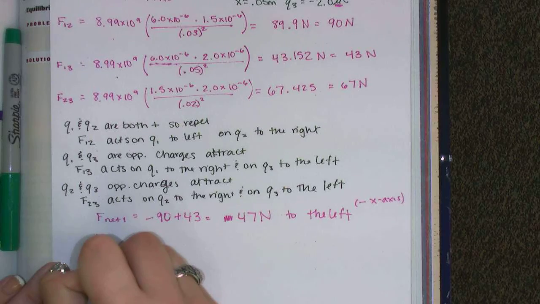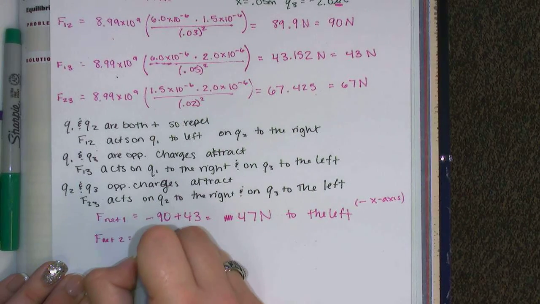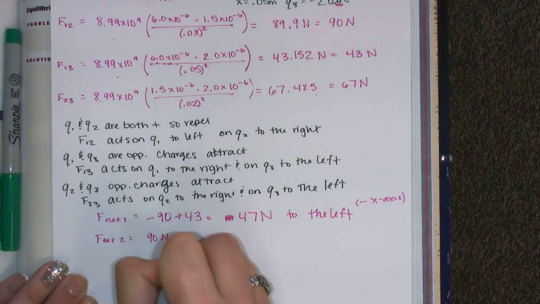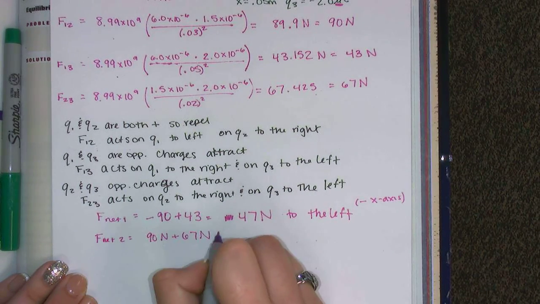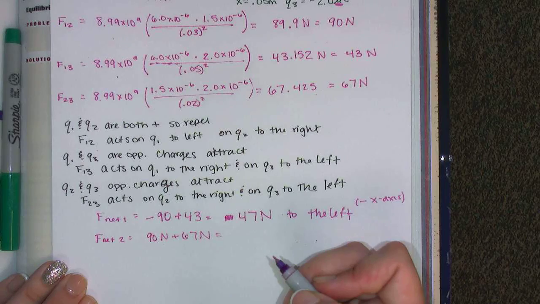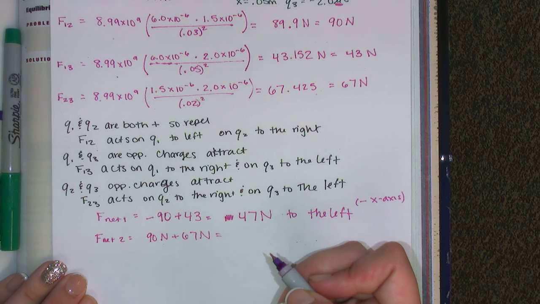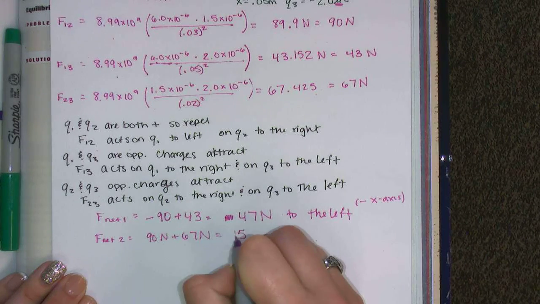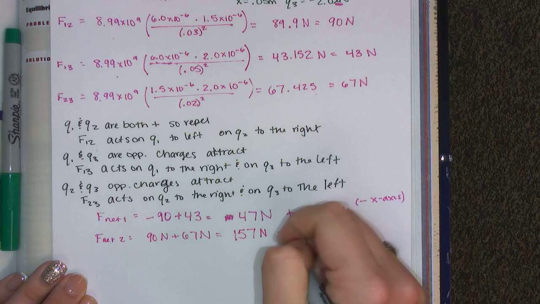FNet 2: 90 newtons plus 67 newtons. So this one is 157 newtons to the right.